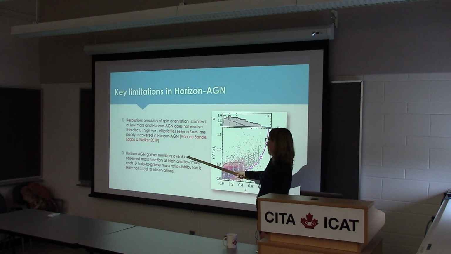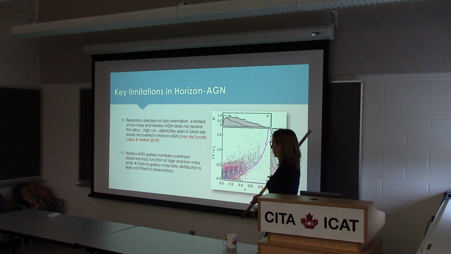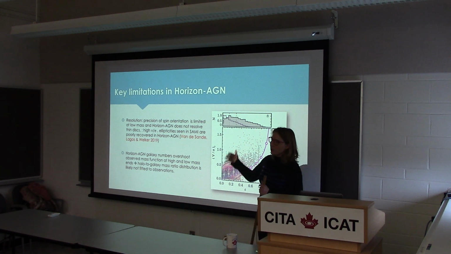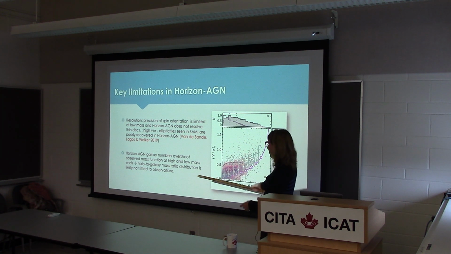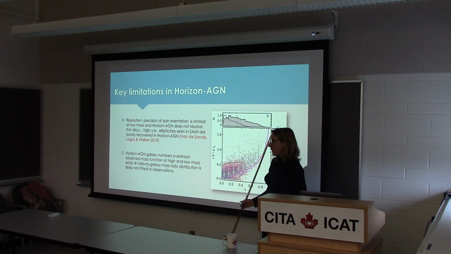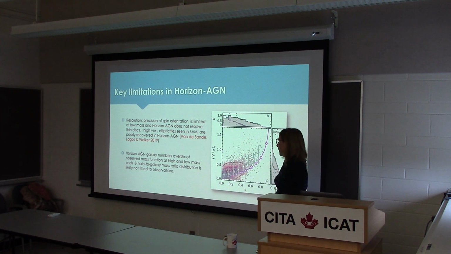And another problem, of course, is that in Horizon-AGN, if you look at the galaxy mass function, you do overshoot the observed mass function at high and low mass. So the halo to galaxy mass ratio distribution is probably not fitted to what you would have in observations, which means that you're not very realistic in the way you model galaxies at very low mass and at very high mass in simulations.